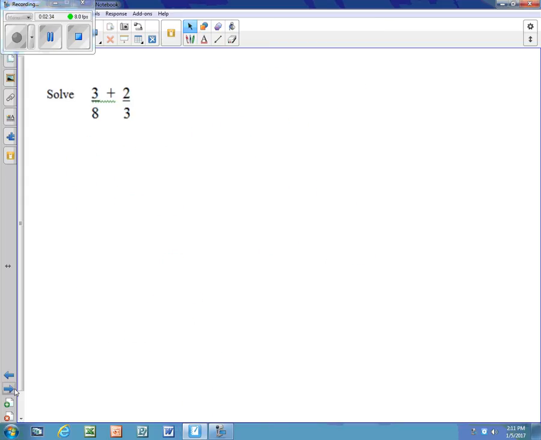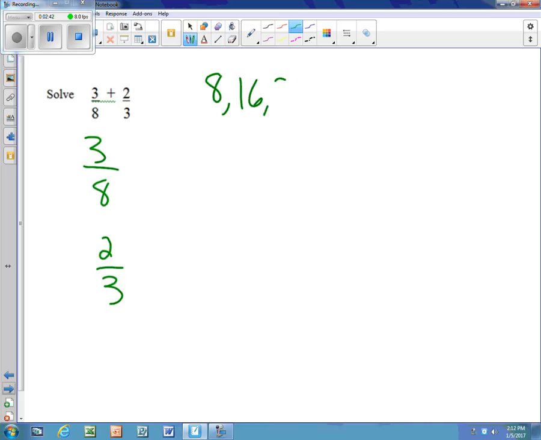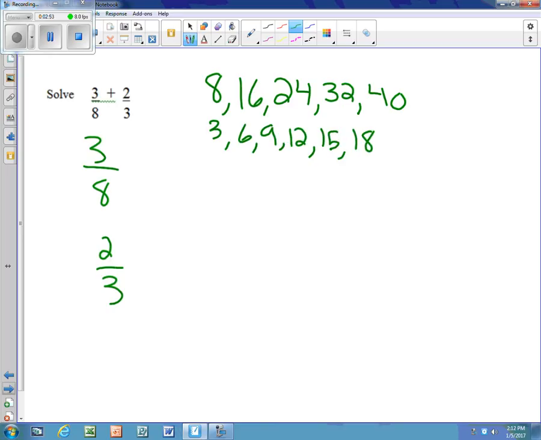We have 3/8 and 2/3. We list our multiples. If we need them, if we can do them in our head, we do them in our head. And I find 24 is my common denominator.